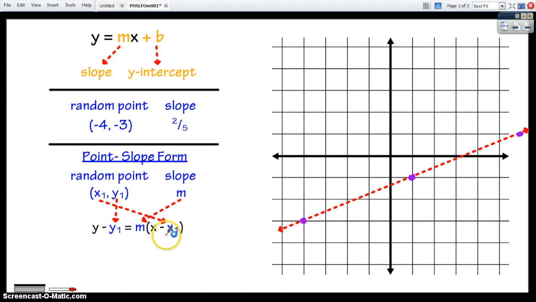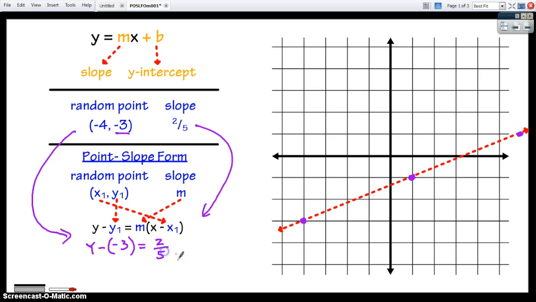This is one of the few formulas we'll deal with in this chapter that the subtraction sign is a part of the formula. So if I were to take this problem, the way I would do it is I would plug in my information. I would say y minus, now y1 is going to be -3, my y-coordinate for my point, equals slope, which in this case is 2/5, times parentheses x minus, and then our x-coordinate will go here, in this case -4.